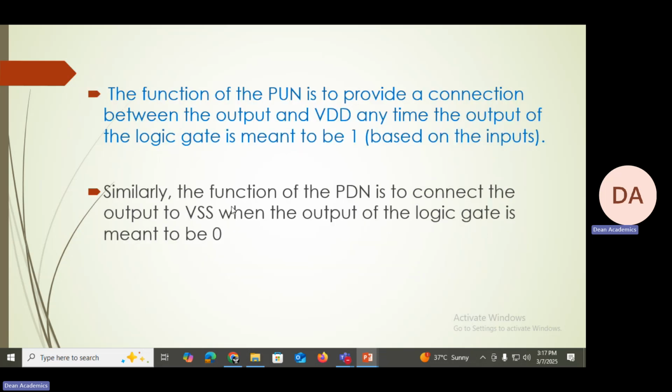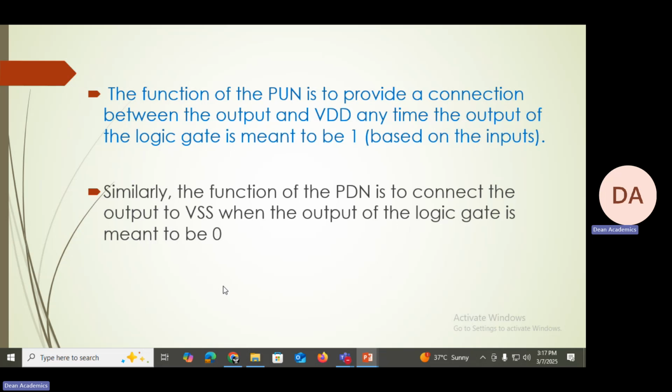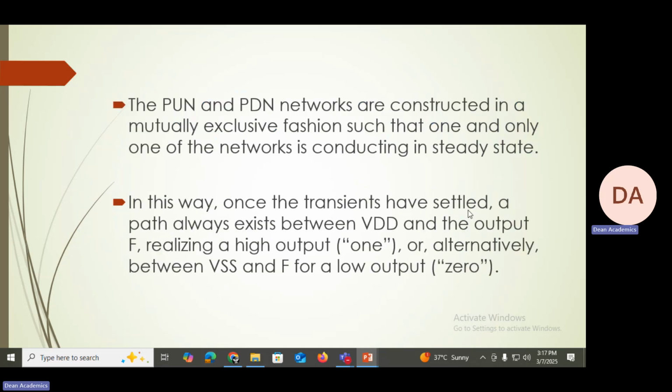So the pull-up network consists of all P transistors, and the pull-down network consists of all N transistors. In this way, once the transients have settled, a path always exists between VDD and the output F, realizing a high output 1, or alternatively between VSS and F for a low output.